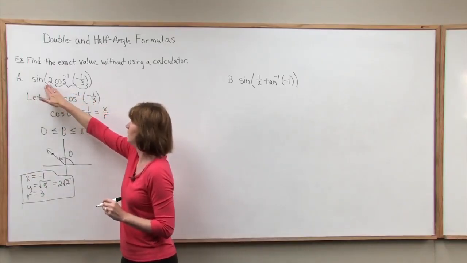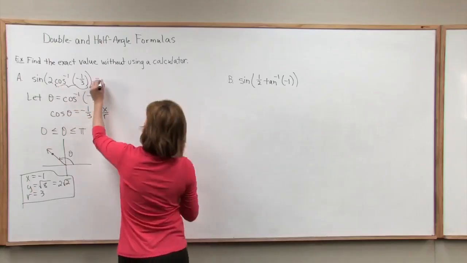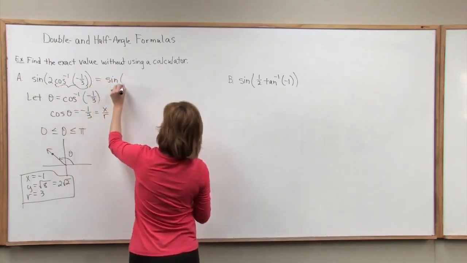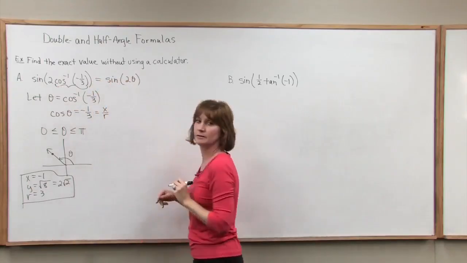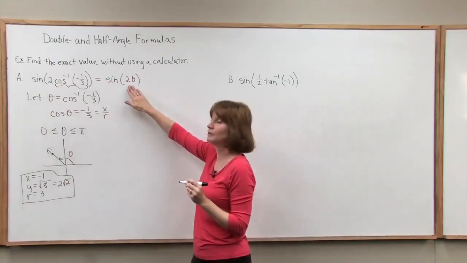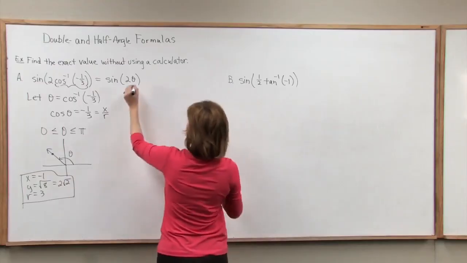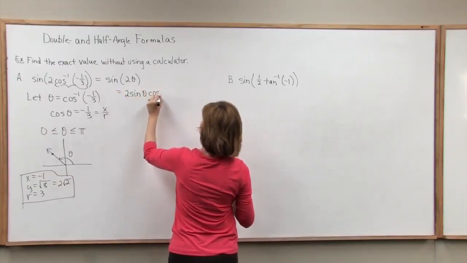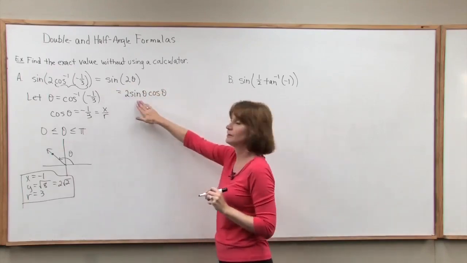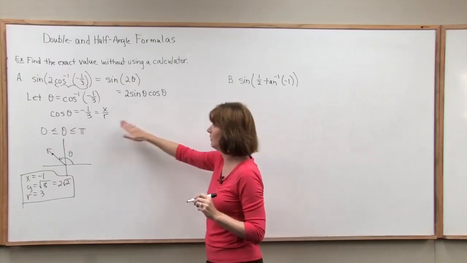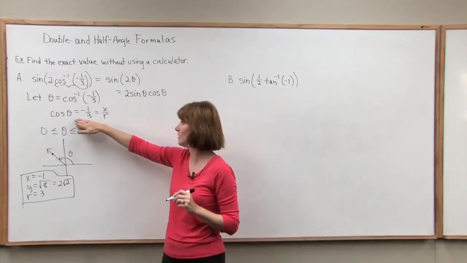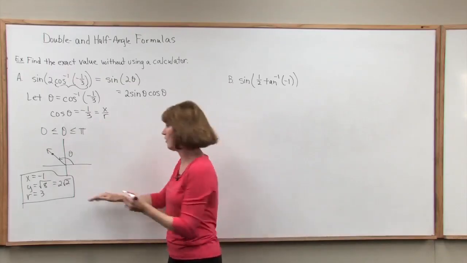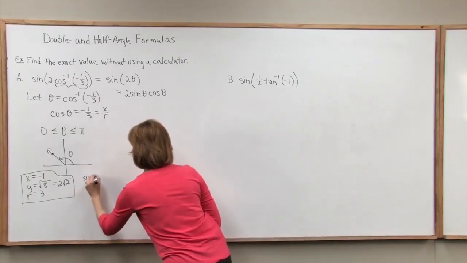We have the sine of 2 theta. Well, we can use an identity. Remember the identity for sine 2 theta? It's 2 sine theta cosine theta. So we need to know the sine of theta and the cosine of theta. Well, we already know the cosine of theta is -1/3. Since we found r, what would the sine of theta be?